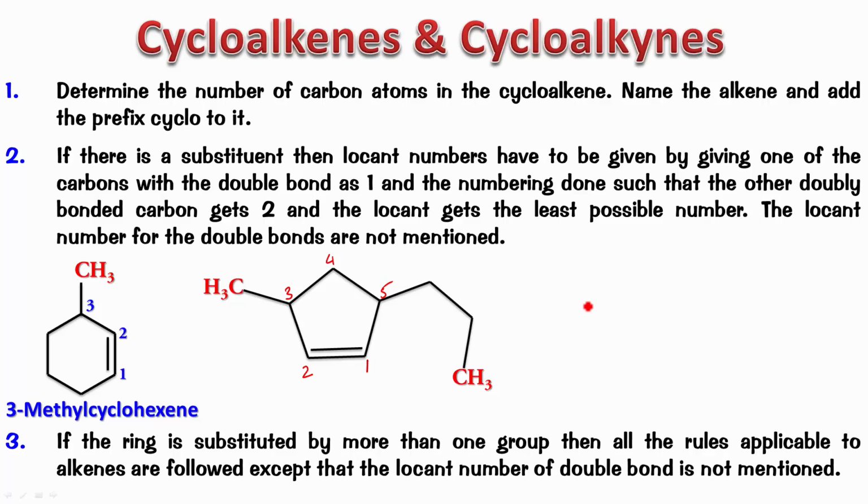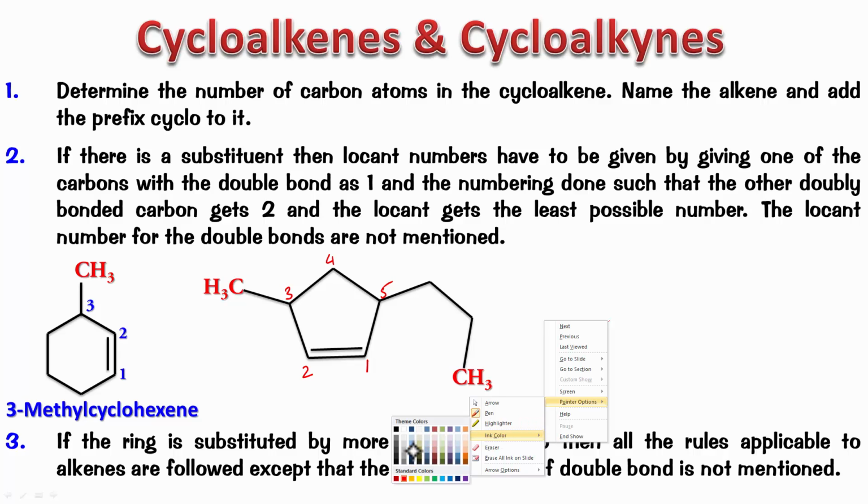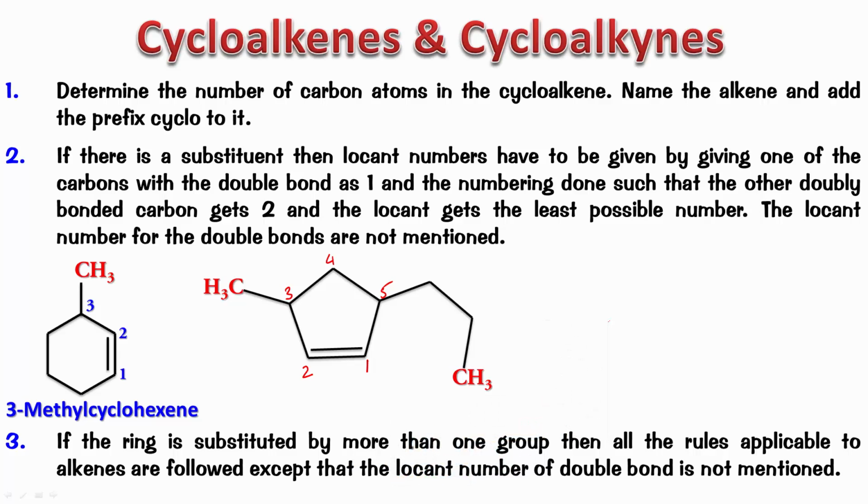Now what I'm going to do is change the color of my pen. So let's make it a little bluish. Now if I were to give this is 1, this is 2, this is 3, this is 4, and this is 5. Now remember, my double bonds are getting 1 and 2 anyway.